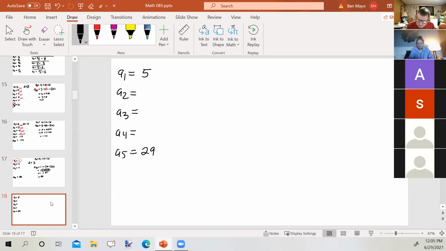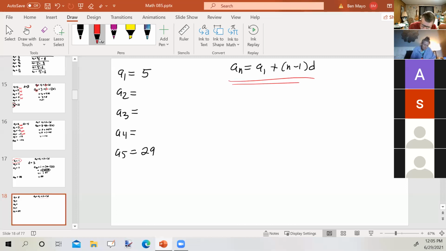They told us it was an arithmetic sequence, so we're going to use a sub n equals a sub 1 plus the quantity n minus 1 times d. This problem is a little bit trickier. They gave us the first term and the 5th term, and we know to use this formula.